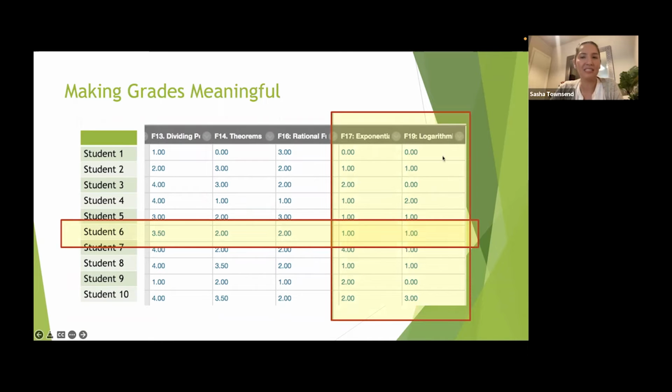But by looking at these columns, I can see that many of my students have a 1 on graphing exponential functions, and many of my students earned 1s on graphing logarithmic functions. And so I know by looking at my columns where my class is struggling, and I can put that course standard on another quiz if I want to bring it back so that they have another opportunity to do it in class. I can revise my lecture, but the grade book itself gives me a good sense of what the students know and what they don't know.